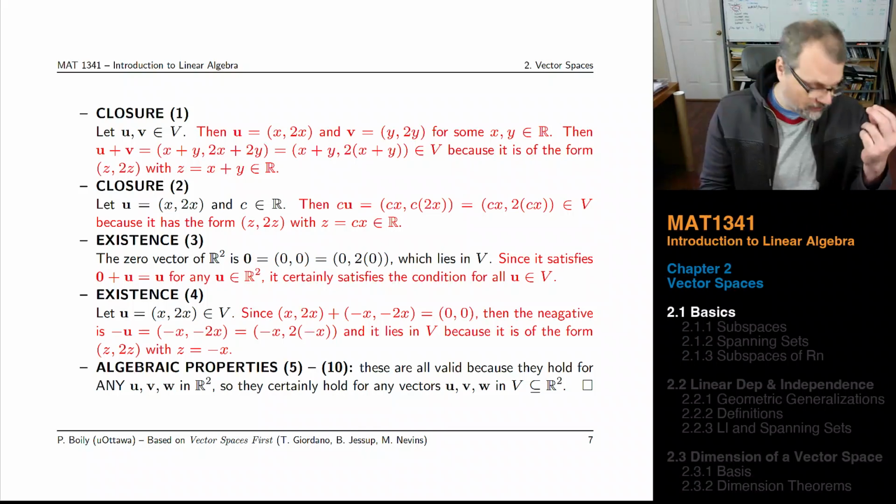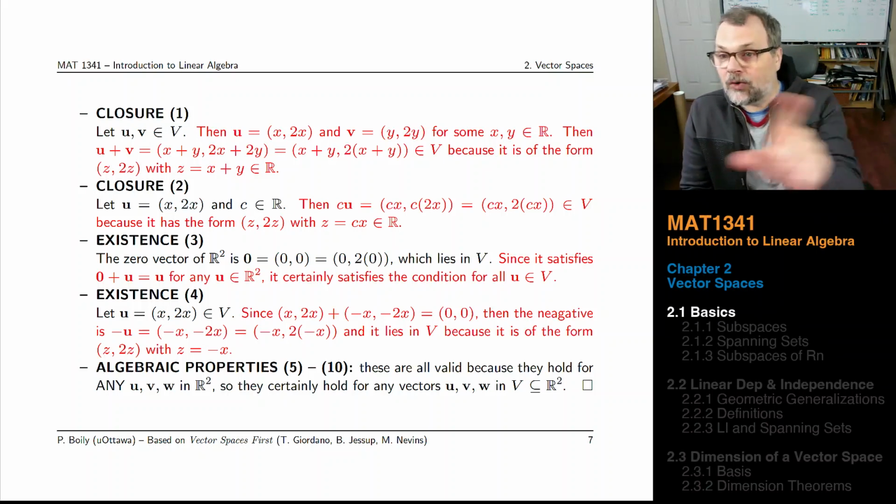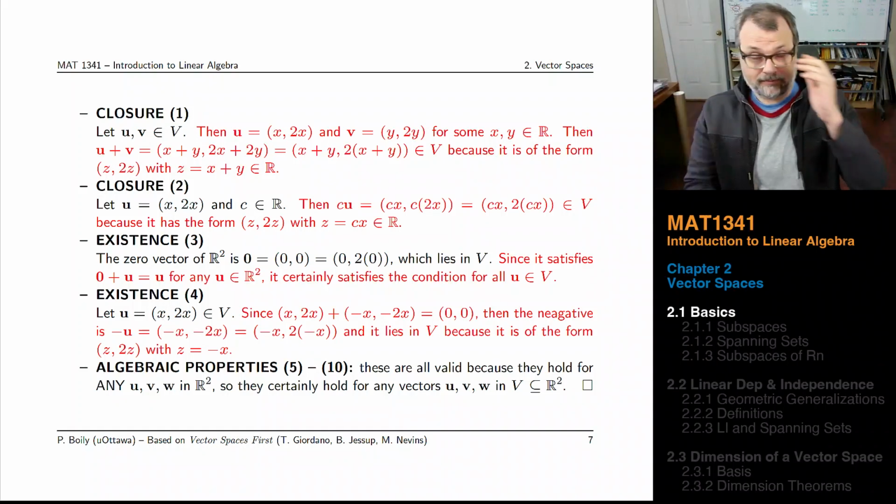So if I start with a vector in V, let's call it u, and I start with a scalar c, the product of c and u should still be in this set V. So if u is in V, I know its second coordinate is twice as big as its first coordinate. So let's say we call it (x, 2x). x could be anything.